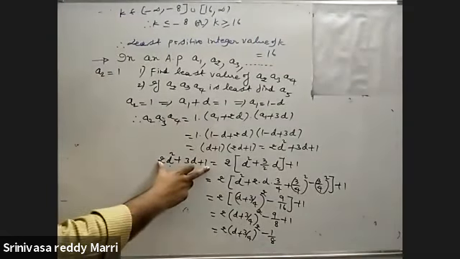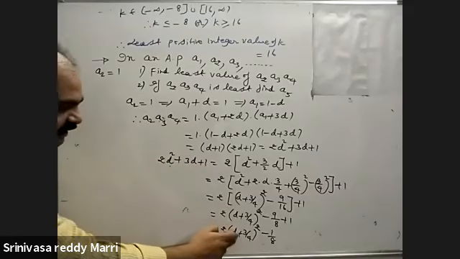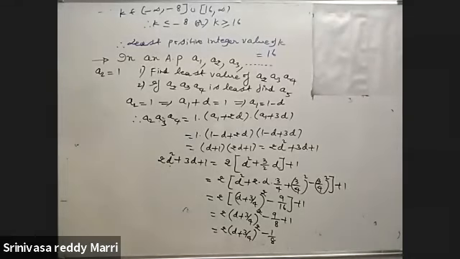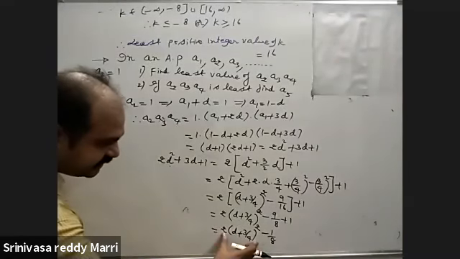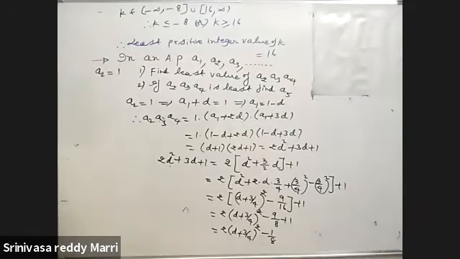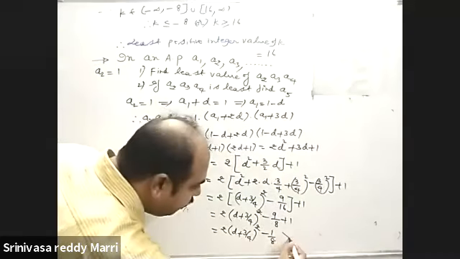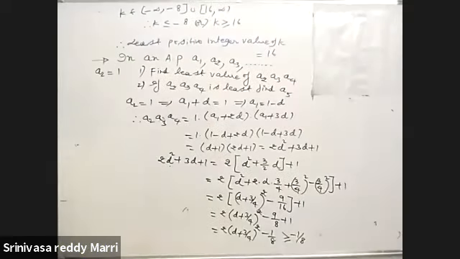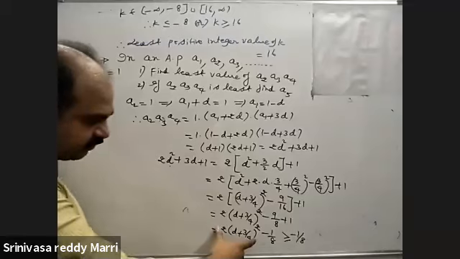For finding the least value, this must be converted into a perfect square plus a constant. Now look at this. This is a square, that means this is always positive. Positive plus a constant, so this will always be greater than or equal to minus 1 by 8.